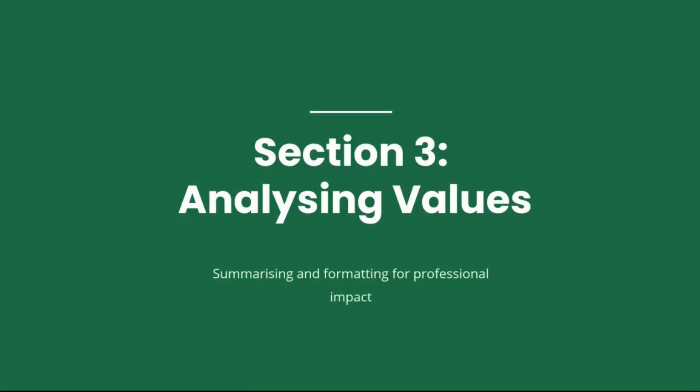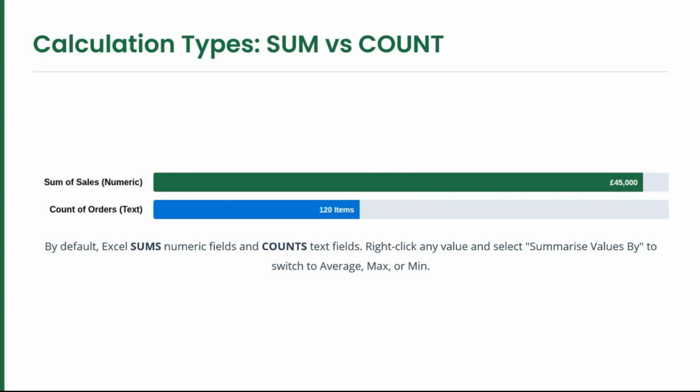Okay. Now analyzing the values: summarizing and formatting for professional impact. Whenever we calculate, as I've mentioned, there are types of calculations. Excel by default, guys, whenever you do a pivot table, will sum anything that's a numerical value.